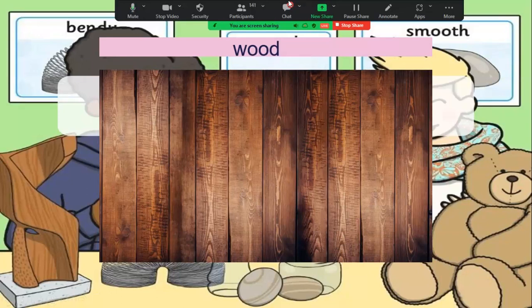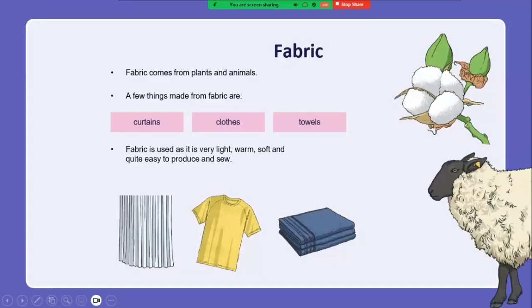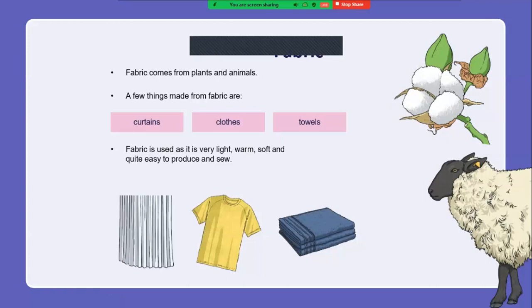Next up, we have fabric. Fabric is a material that comes from plants and animals. We use them to make curtains, clothes, towels. Why do people choose fabric to make clothes, towel, and curtain? Because fabric is very light, warm, soft, and easy to produce and sew.